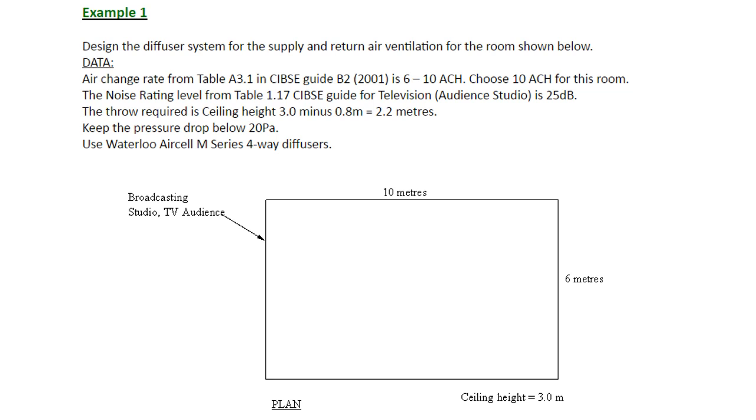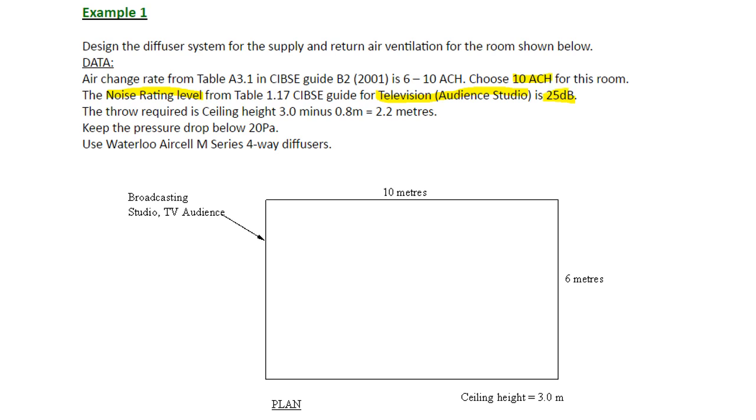Now, let's look at this example. Design the diffuser system for the supply and return air ventilation for the room shown below. And for this room, we have to see the type of room. This is an audience studio. So according to the table, the air change rate for this audience studio is 10 air changes per hour, and the noise rating level for the audience studio is 25 decibel.